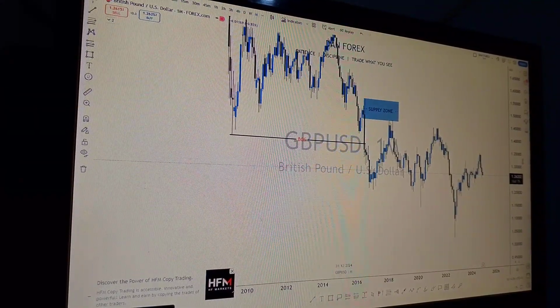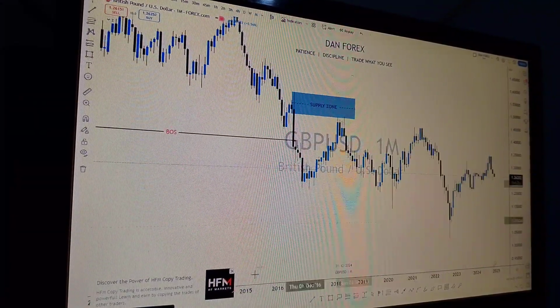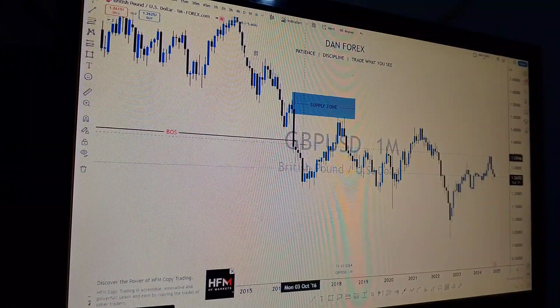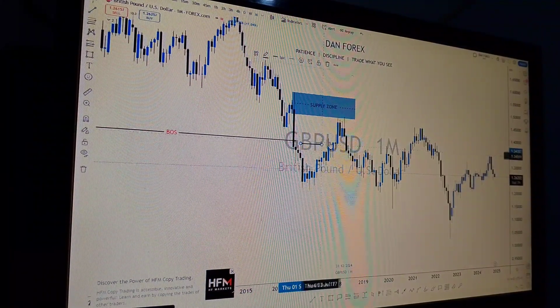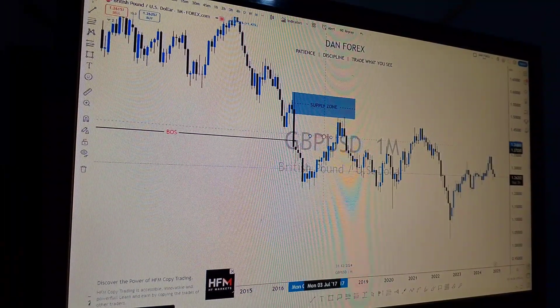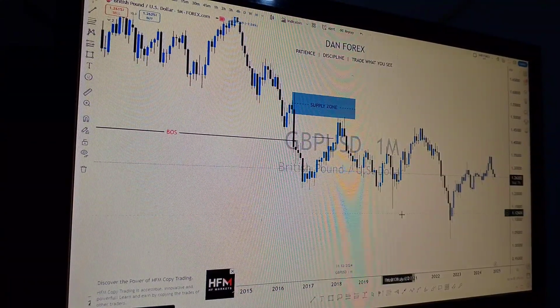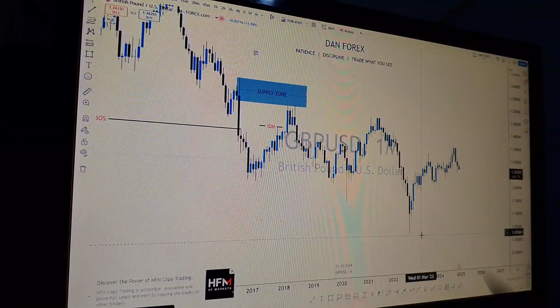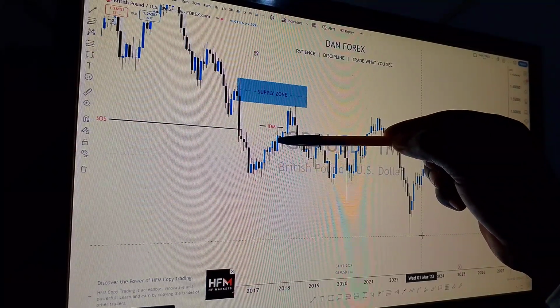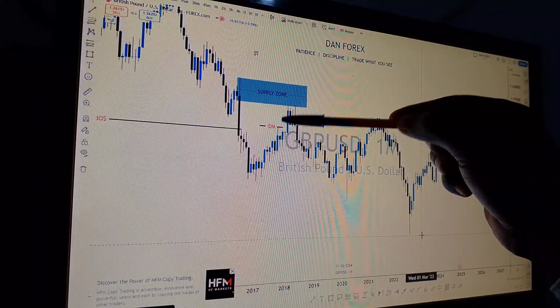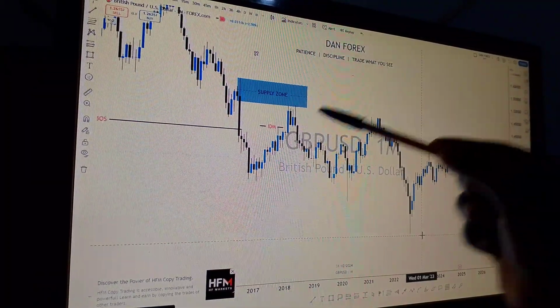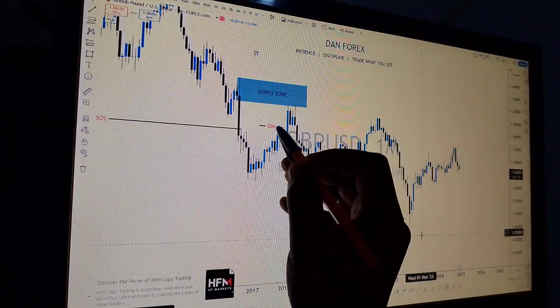So we need to look for the inducement. This is the inducement, or rather you can call it your liquidity. You can call this high the inducement, right? There is a candle here. You see this blue candle here that went above. So this is the inducement.